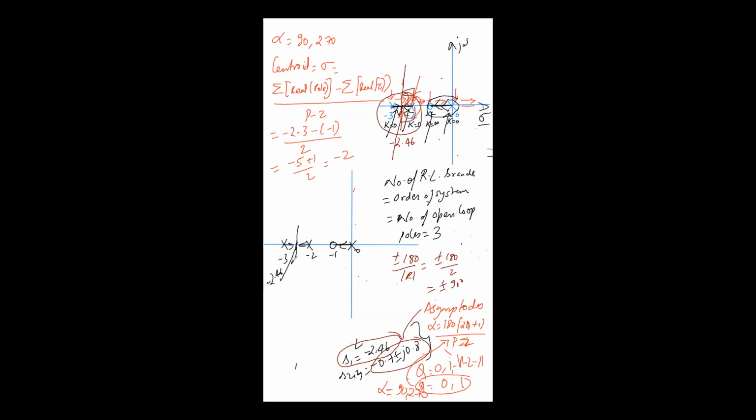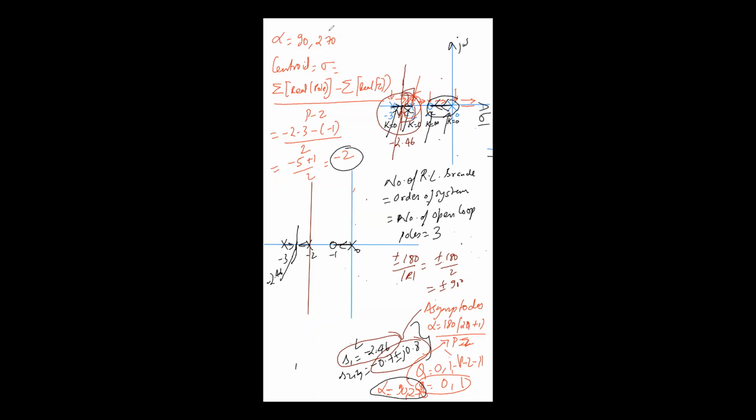Now you need to draw the centroid. The centroid is -2. This is the -2 point here, and you need to draw angles of 90 degrees and 270 degrees from the centroid. That angle you need to draw. So I will just draw the angle. So this is my asymptote.